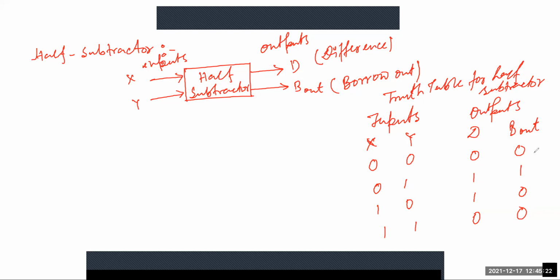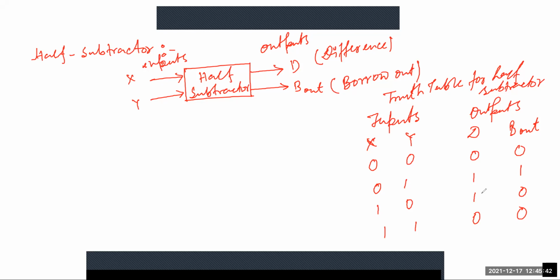Here the borrow output is 1 in only one case, when X is less than Y. In that particular combination, the borrow output is 1.